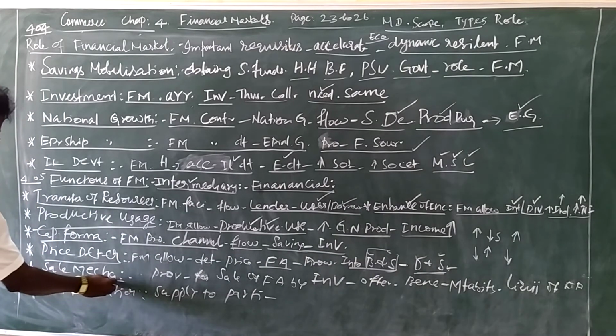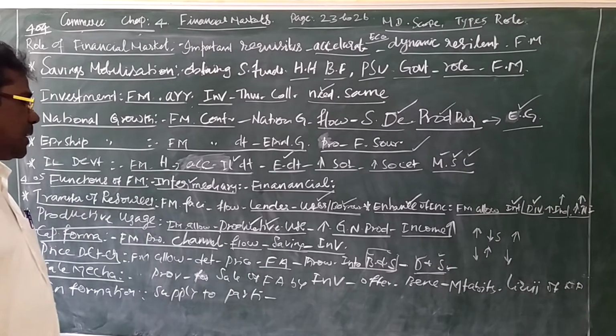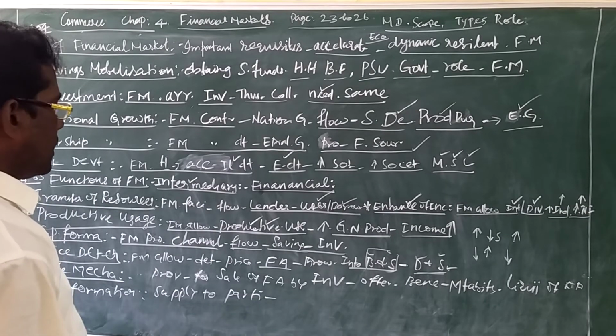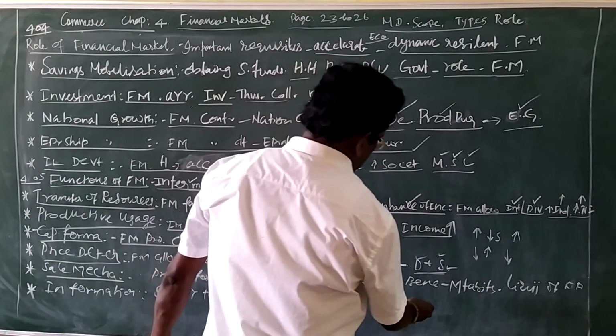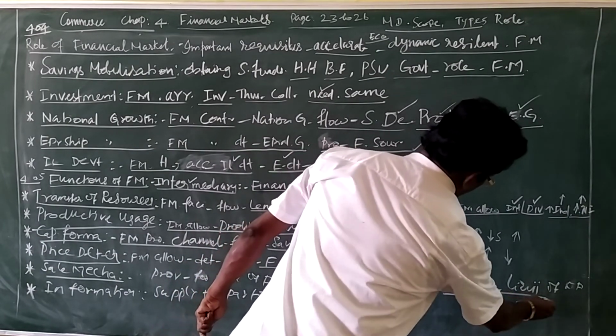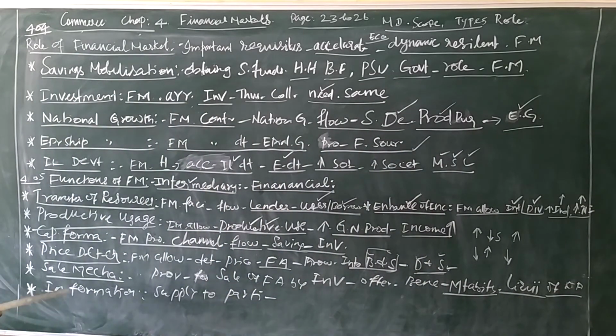Then the financial market acts as a sale mechanism. It provides for the sale of financial assets by way of investment, offering benefits through the marketability and the liquidity of financial assets. So those who want to buy or sell financial assets can do so in the financial market.